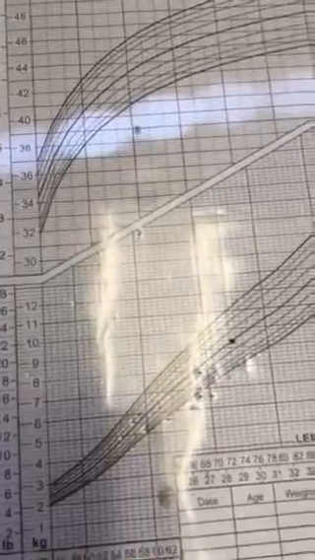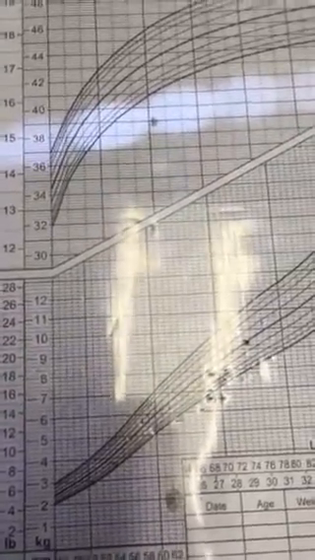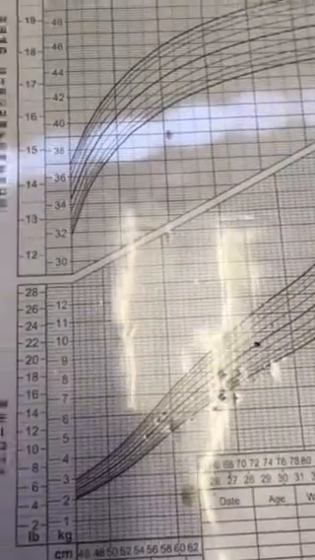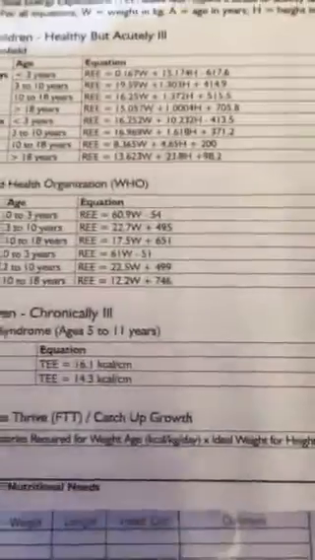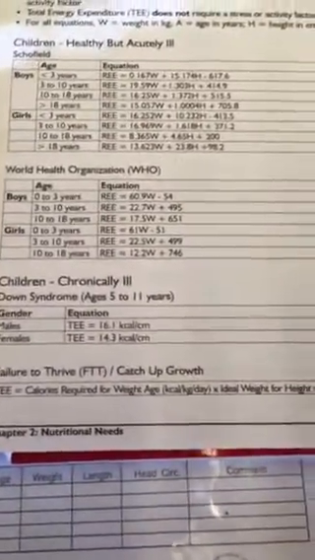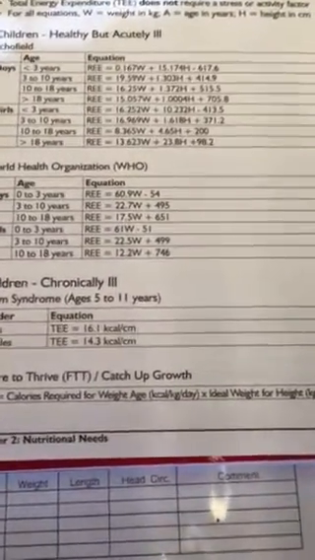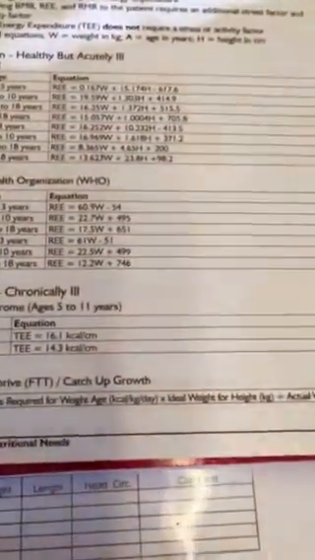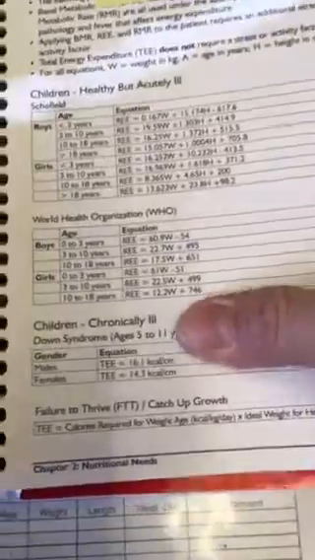Our equation for failure to thrive for estimating needs can be found in your children's handbook, again, this time on page 29, and it says that you need to determine his calories required for his weight age, multiply by his ideal weight for height, and then divide by his actual height. So to do that, you again go back to page 26.